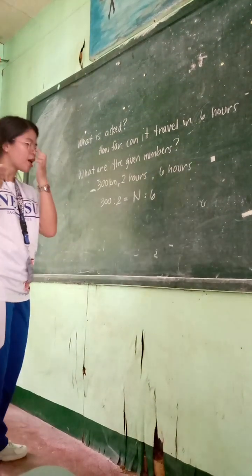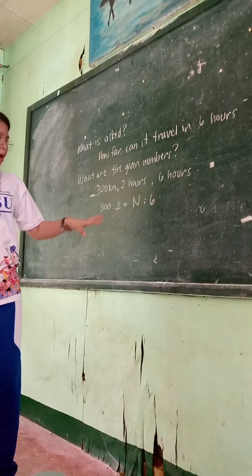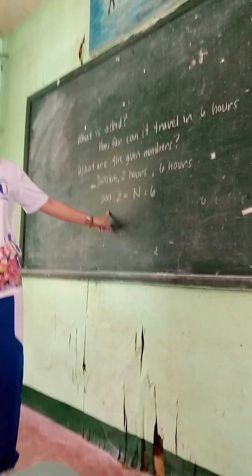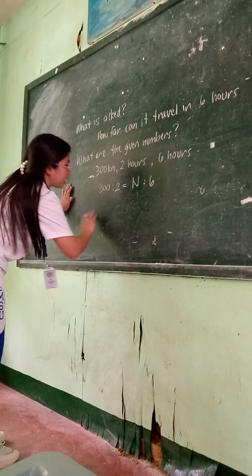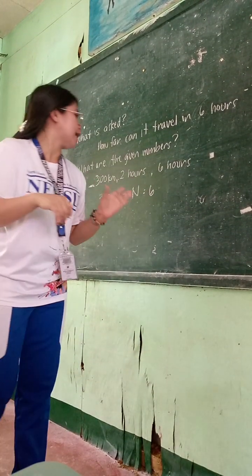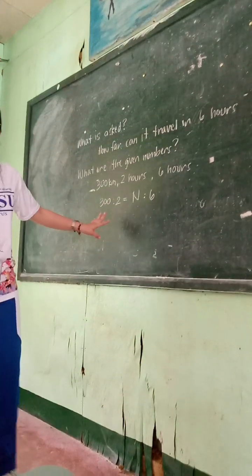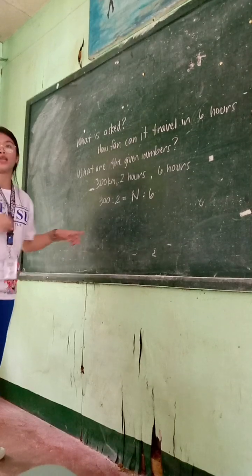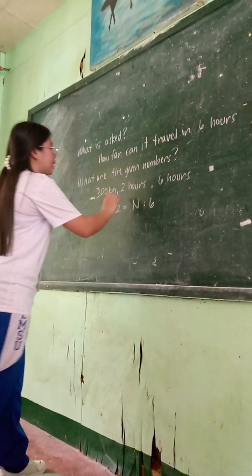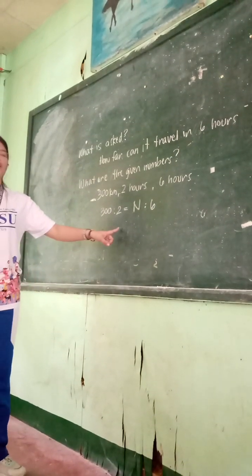Now we are going to solve this problem. So 300. What are we going to do if we are going to find the proportion? We multiply the means and the extremes. Where are the means here? 2 and n.